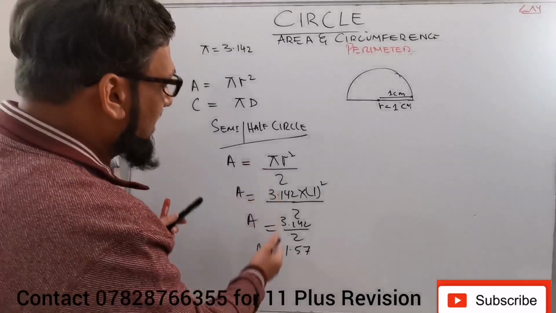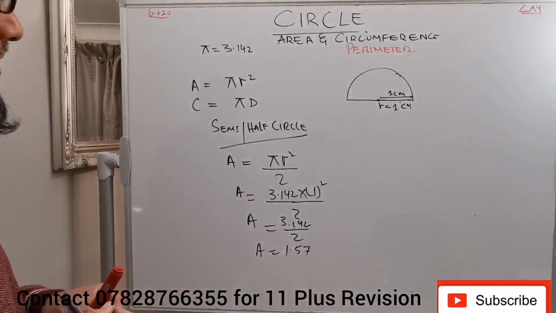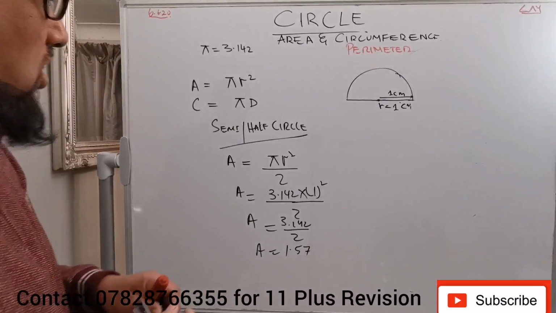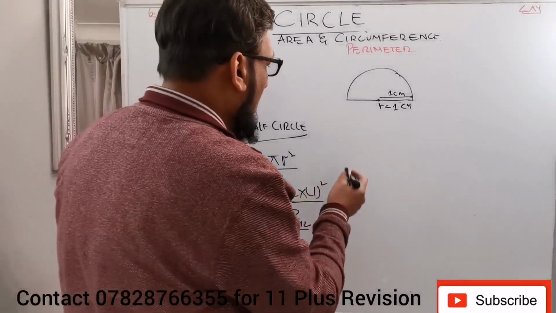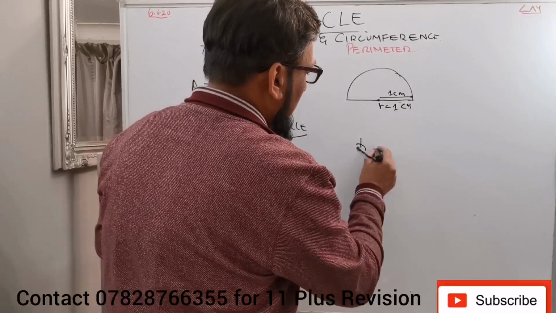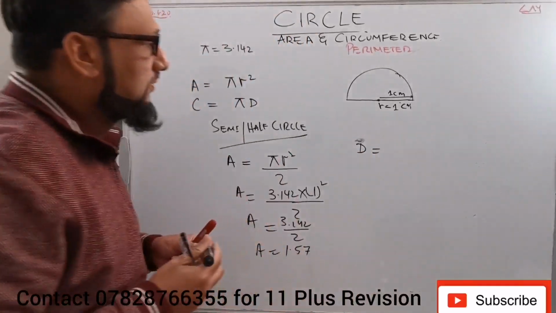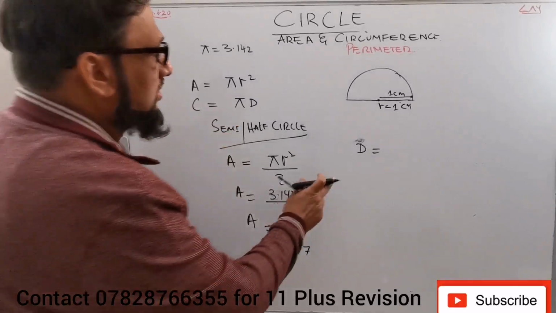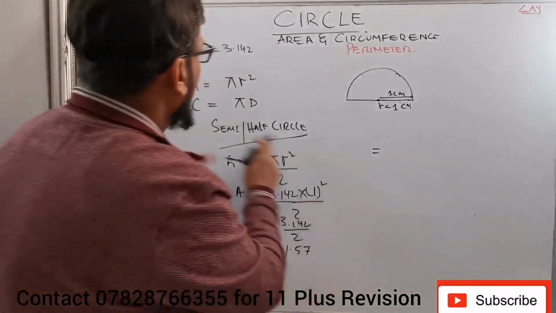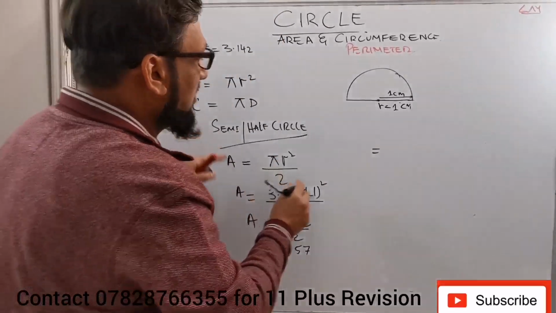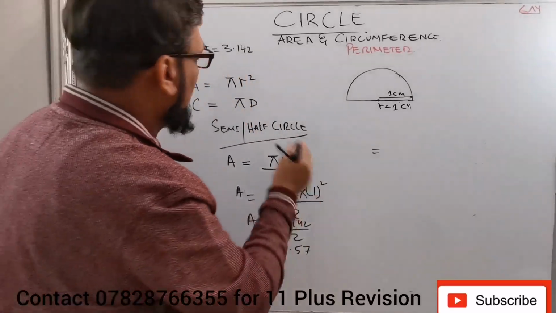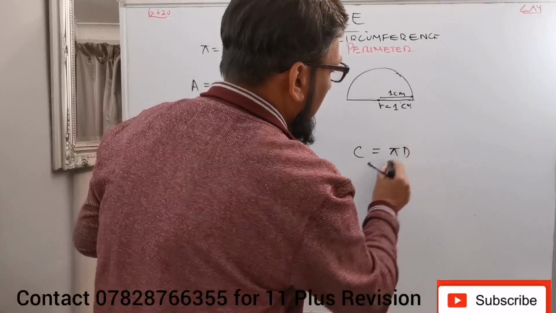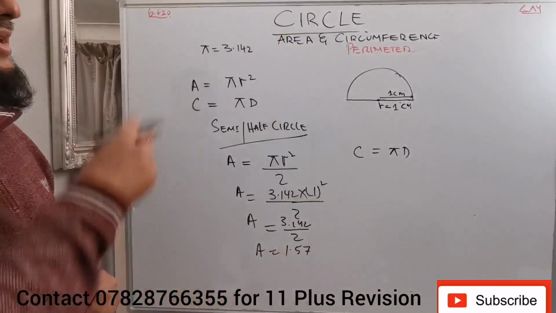Now in the same way we need to work out the perimeter of the half circle. You need to understand this one. This is the circumference of the circle, and the circumference for the full circle is pi d.